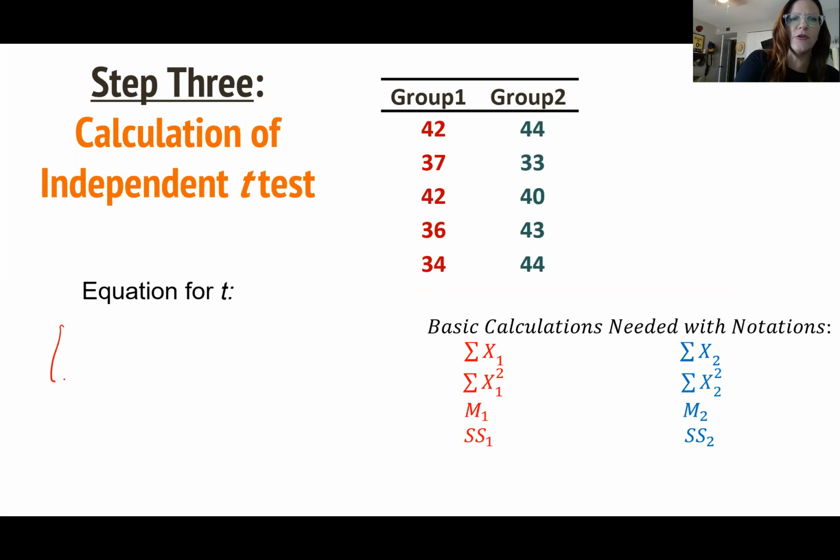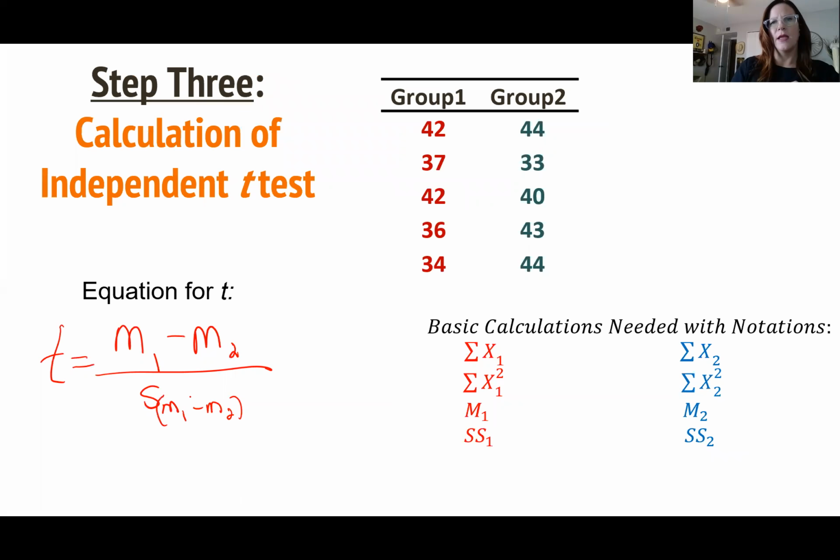So write down your equation for the t-test: mean 1 minus mean 2 divided by the estimated standard error of the mean difference. Okay? And then there are basic calculations that you're going to need. I always say, write yourself a legend, calculating each one of those.